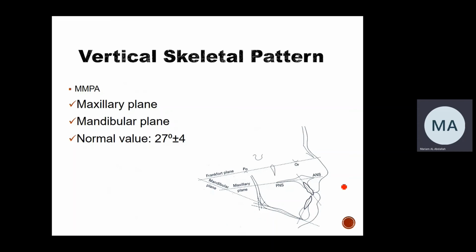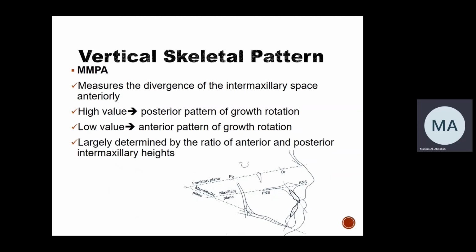If it's less than that, that means the patient has a tendency for anterior growth rotation. And it measures the divergence of the intermaxillary space anteriorly. This value is largely determined by the ratio of anterior and posterior intermaxillary height.